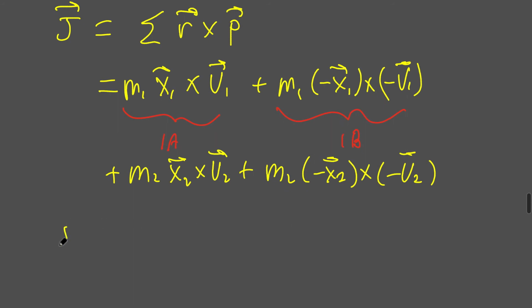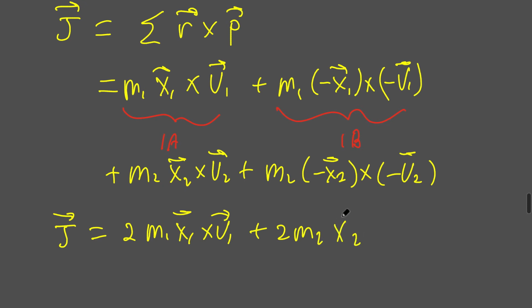And so this just simplifies to 2 m1 x1 vector cross v1 vector plus 2 m2 x2 vector cross v2 vector. This is how the angular momentum is computed in the code. Now what about the angular velocity?